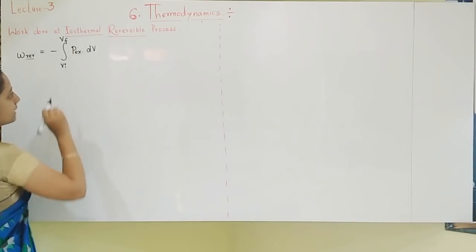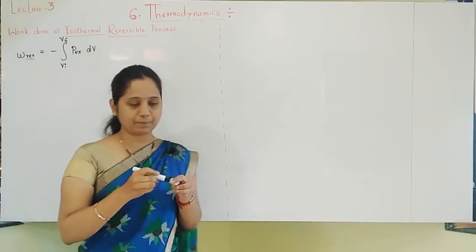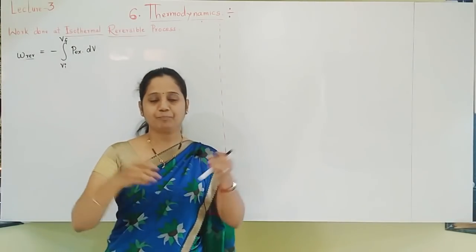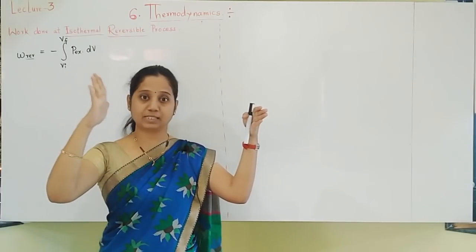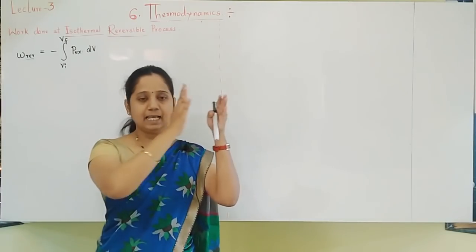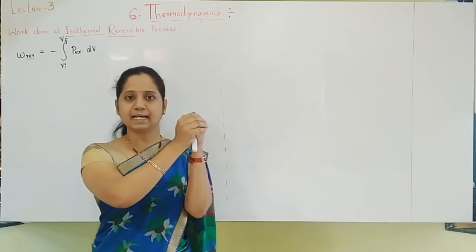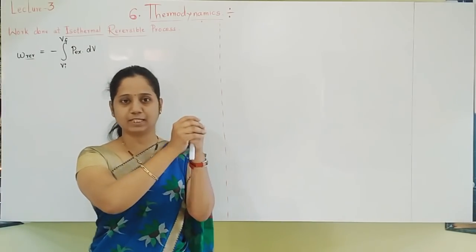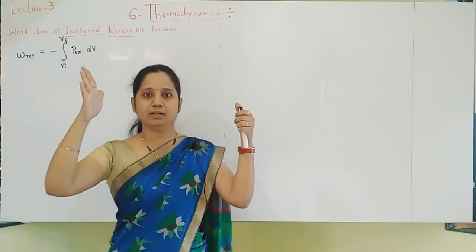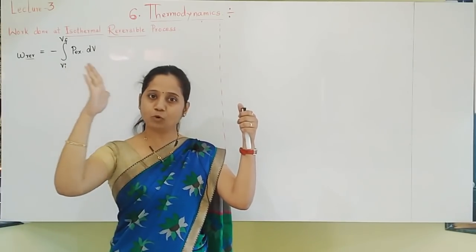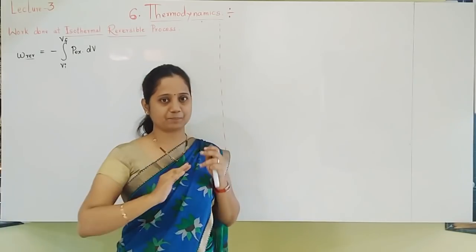Students, first understand what P external and P internal mean. External pressure, whatever is applied from outside, is called P external. And P internal means the pressure the gas has inside. Now, compression takes place when the external pressure is more.